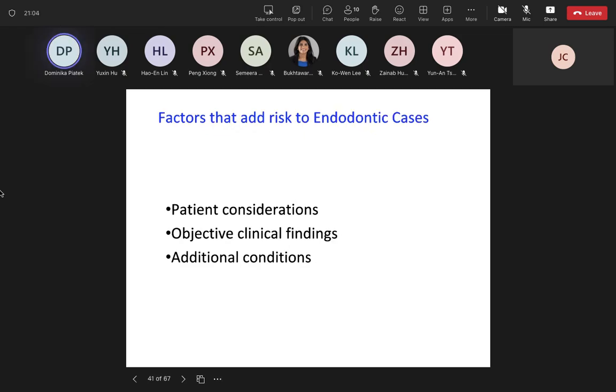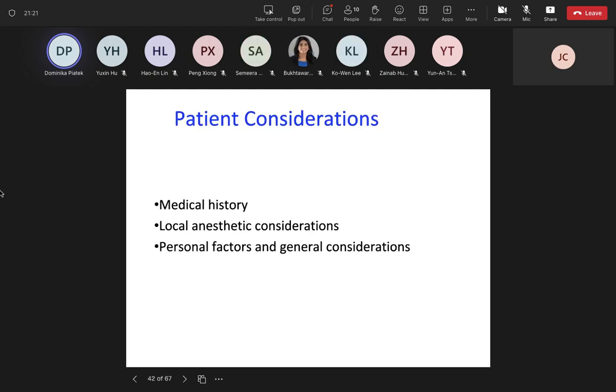The factors that put endodontic cases at risk are some of the patient considerations, some objective clinical findings, and some additional conditions that we should take into account. From the patient's considerations, we have patient medical history, some local anesthetic considerations, and some personal factors and general considerations.